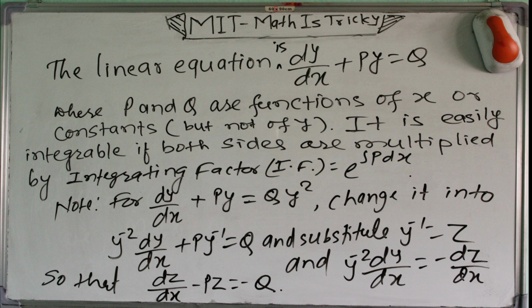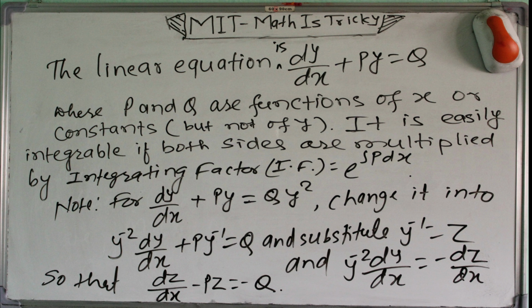On differentiating both sides, if we differentiate 1 by y equals z with respect to x, we get 1 by y square, that is y power minus 2 dy by dx, equals minus dz by dx.